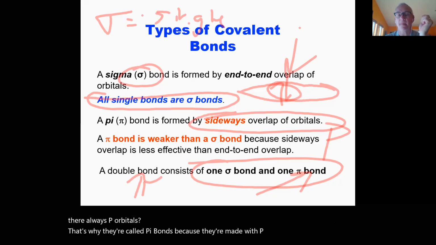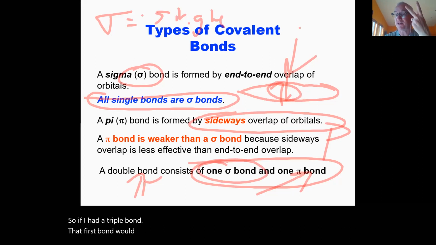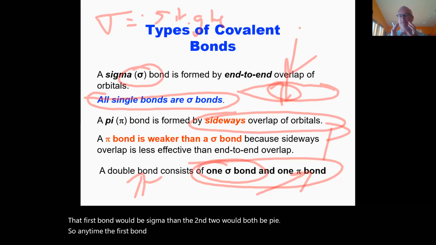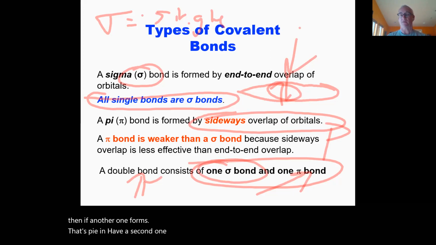That's how I remember. And so if I had a triple bond, that first bond would be sigma, and then the second 2 would both be pi. The first bond that's made is always sigma, because it's directly overlapping. But then if another one forms, that's pi, and if a second one forms after that as well, it's also pi. Now I'll show you what those look like.